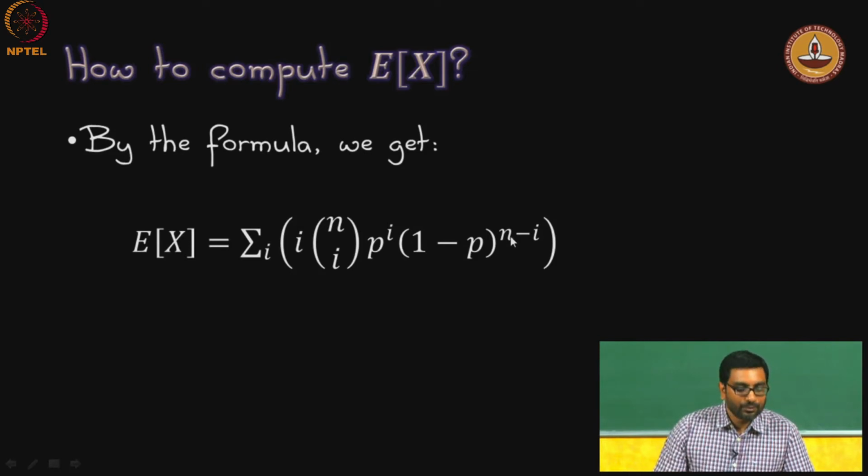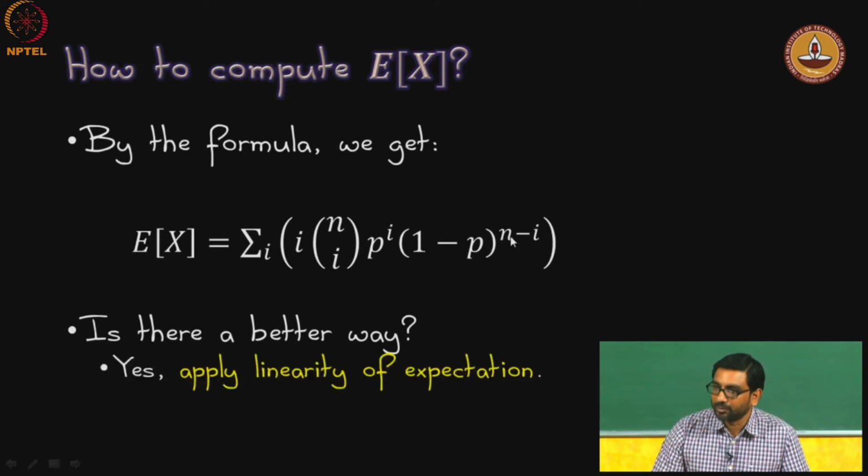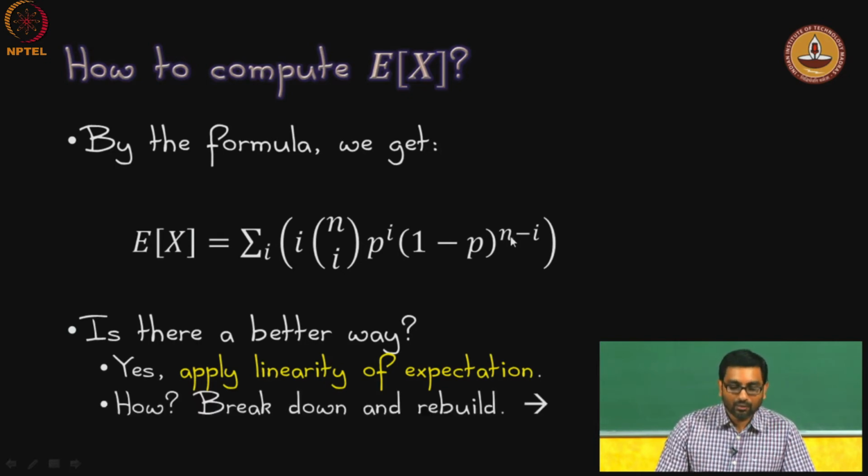Okay. So, what saves the day for us is that we can apply linearity of expectation. There is a very simple way to compute the expectation of the binomial distribution, and what we do is we break down the binomial distribution into individual Bernoulli trials, and then we rebuild using linearity of expectation.